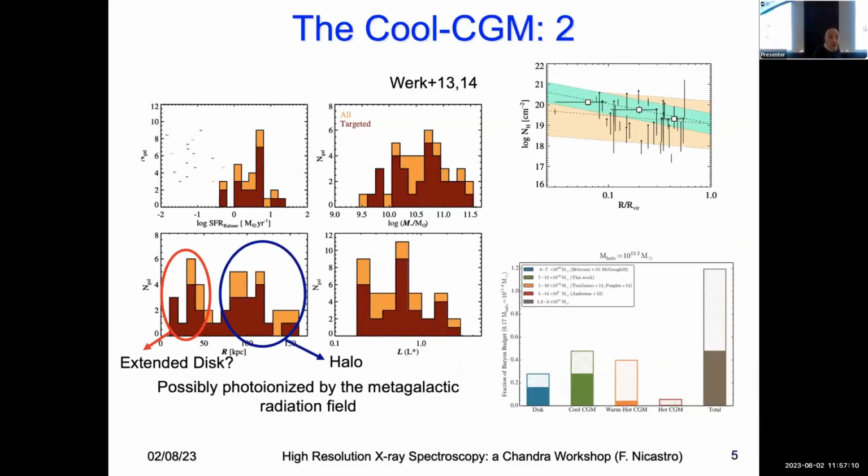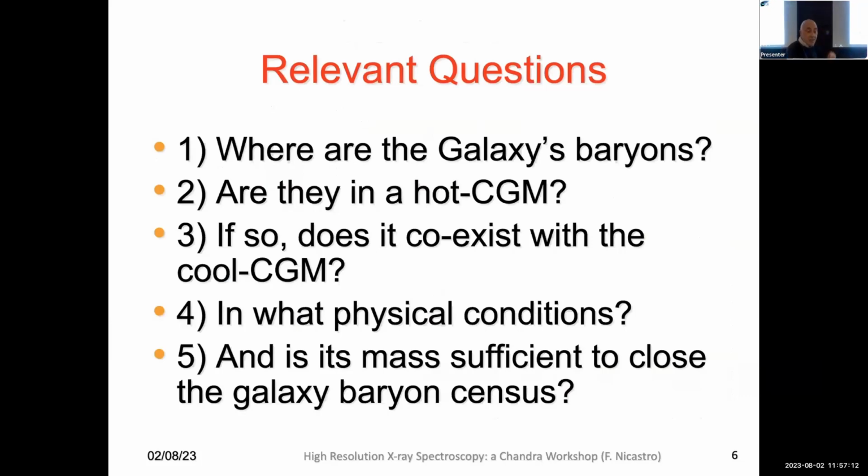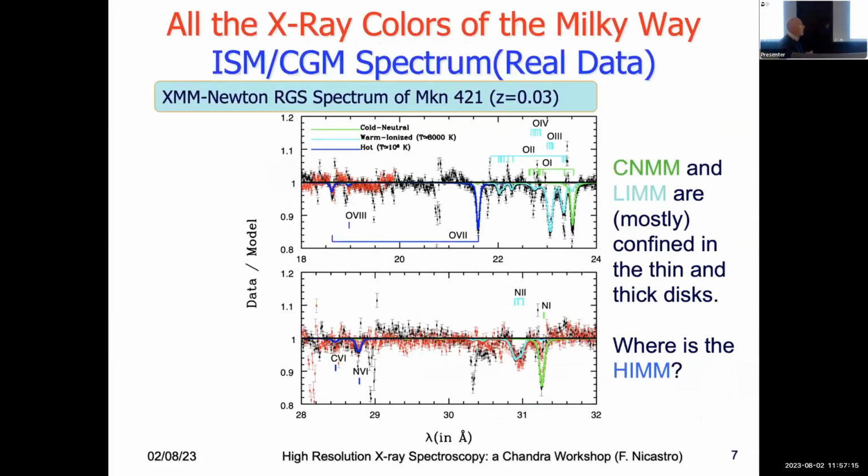So essentially, we selected a sample. These are the questions which we discussed already this morning. Well, first of all, I just showed you this. This is, I think, the best spectrum we have, with the RGS but also with Chandra, of the galactic component in our own Milky Way, and you clearly see all these different flavors in absorption, different temperatures, from neutral material up to very highly ionized.